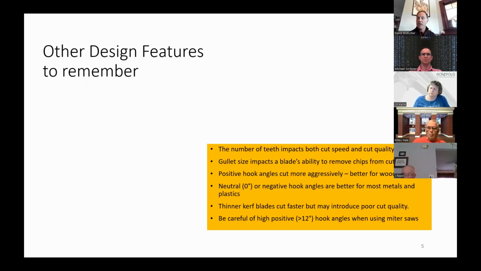Stainless steel is a different category versus your carbon steels, with slightly positive hook angles. But generally, that's what you want to be looking for if you're cutting metals.